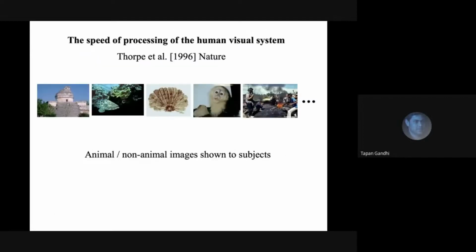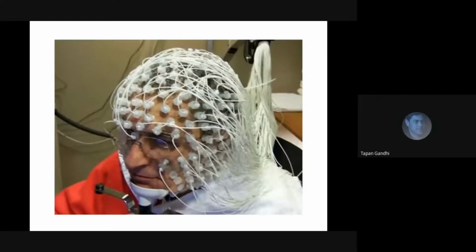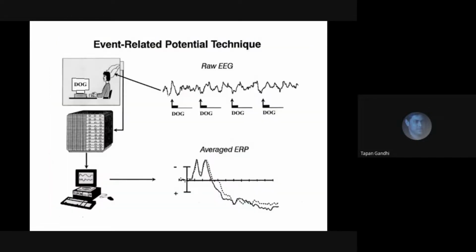So what is x? There is a paper from 1996, a very, very interesting paper published in Nature. They studied whether, when we see animal or non-animal images, it is a feed forward or an iterative process, passing through some iterations. They conducted this study, and you can see here the brain. The EEG is being collected using 128 channels of electrodes, and then you can do some kind of ERP analysis.